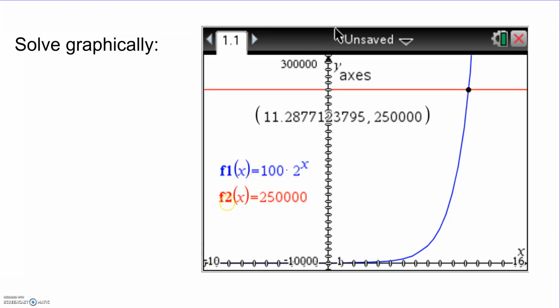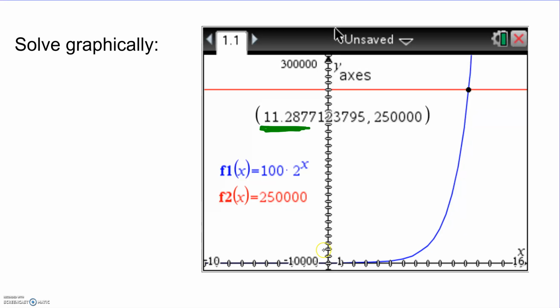And then separately in your y2, you would graph y2 equals 250,000. Graph both of those, find the intersection point, and you see that that intersection point is at that same value we had before, that x equals 11.287, or actually I should have rounded it up to 11.288, I guess, hours. So you can do it that way as well.